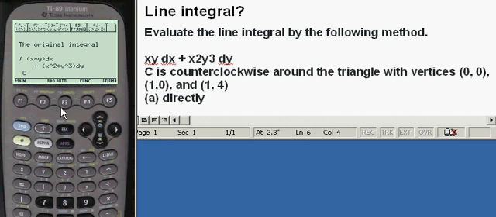And here's the original integral. We substitute the t values. The calculator uses quotation marks, but you're going to put parentheses around these on your paper to look like you know what you're doing, because we're substituting all the t values for x and y. We simplify.